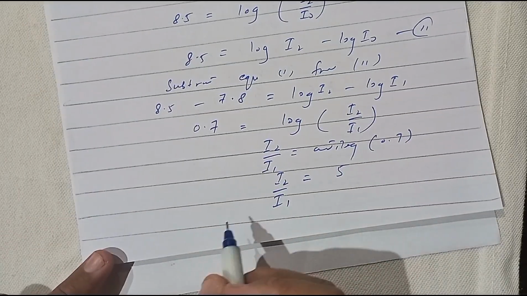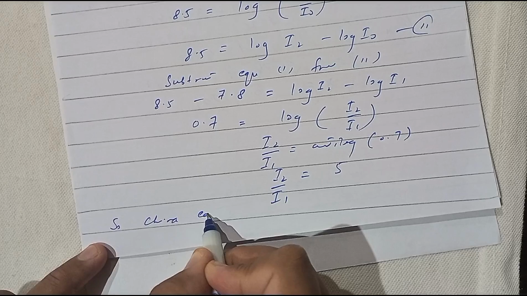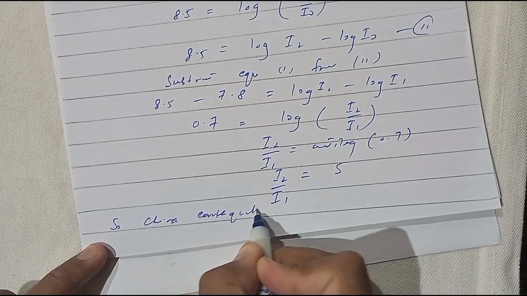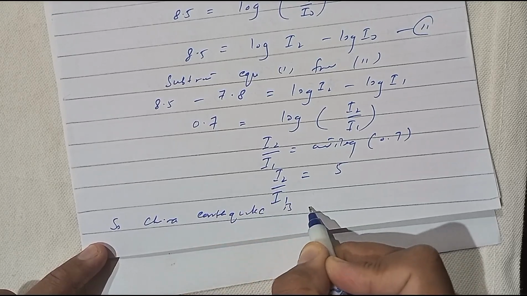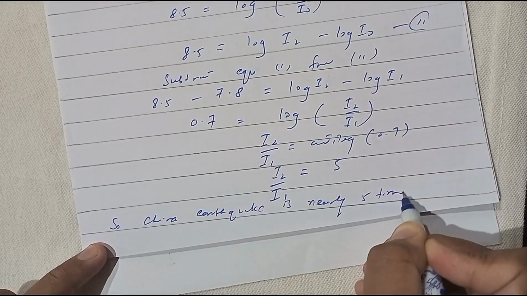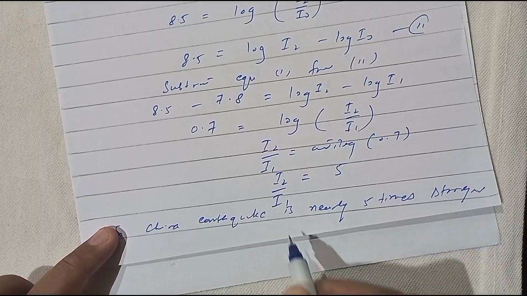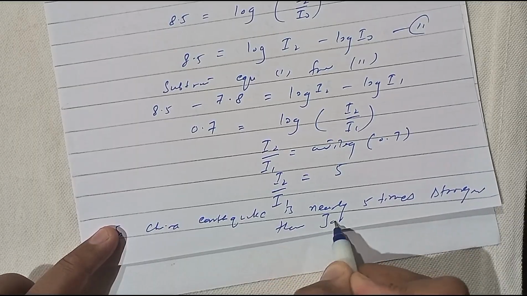So we write it at the end. So China earthquake is nearly 5 times stronger than Japan.